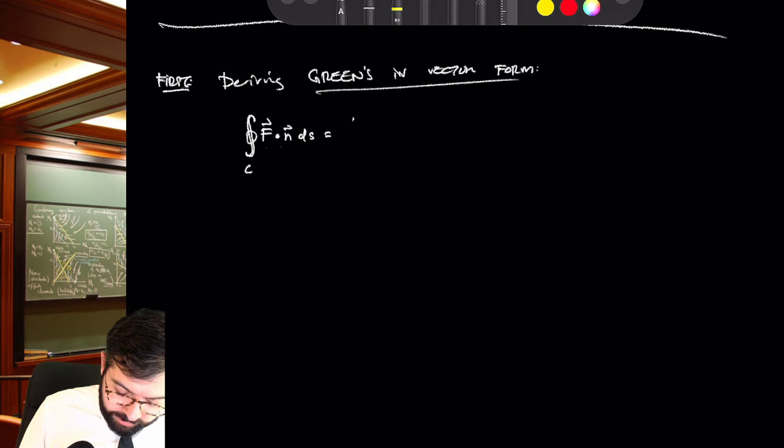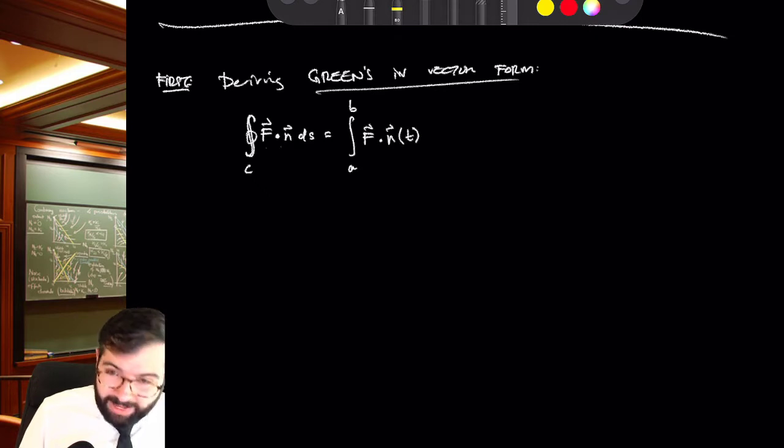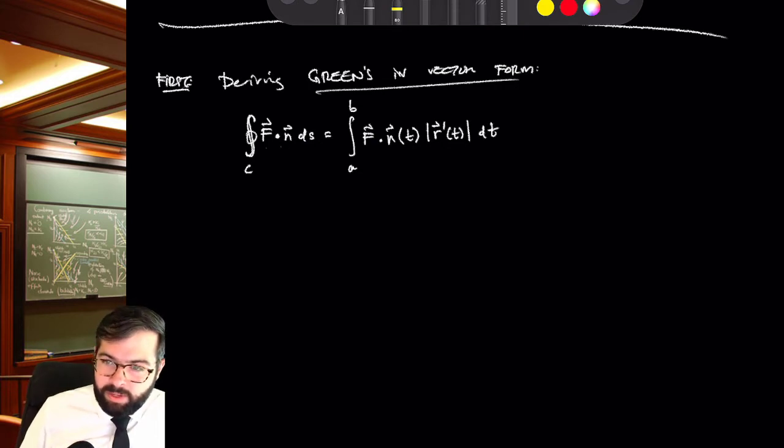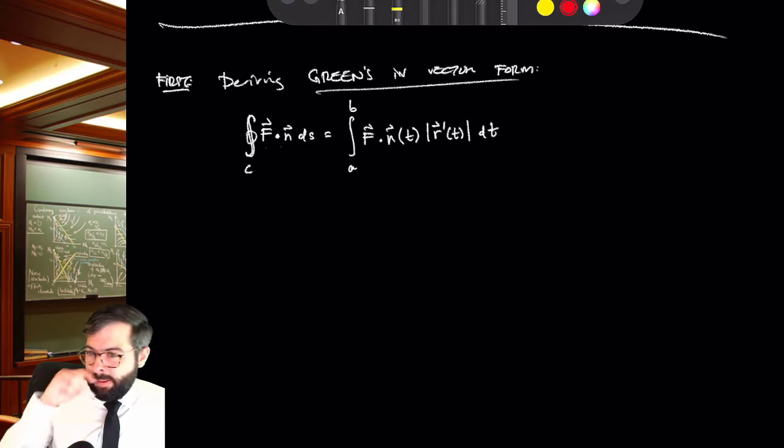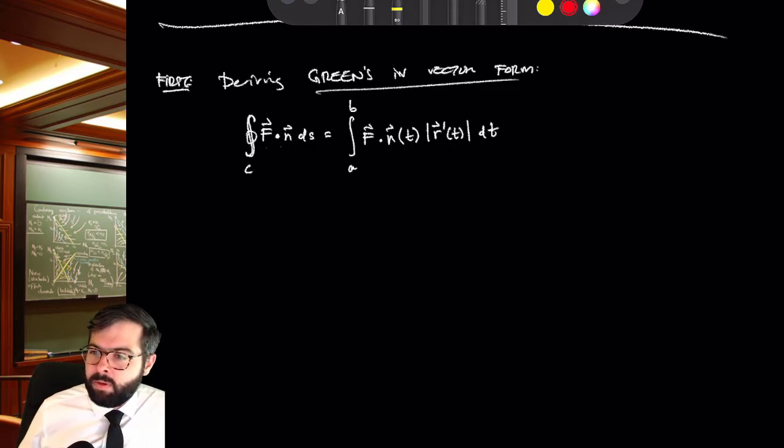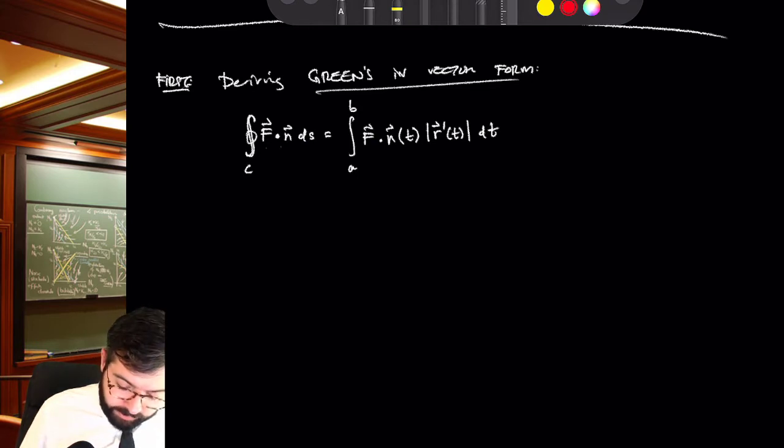And so what this ends up being, if we parameterize it, is big F dotted with n at t, where we've parameterized the curve from A to B for t, and this here, we'll hold on that thought for a second.